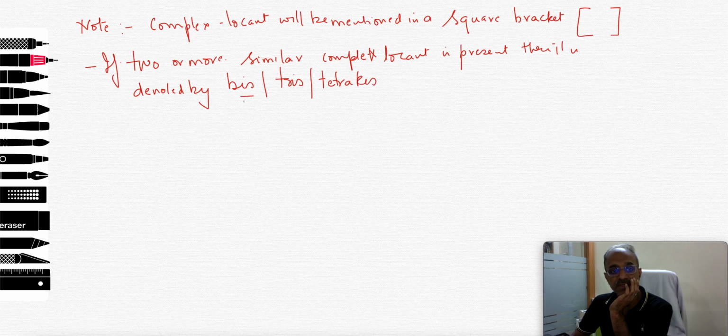Bis means 2, tris means 3, and tetrakis means 4. Bis, tris, tetrakis. Fine? Tetrakis.